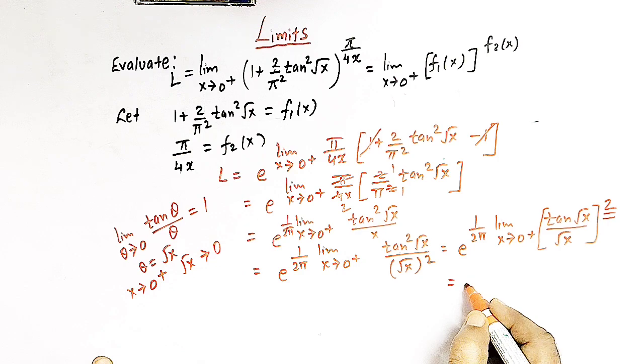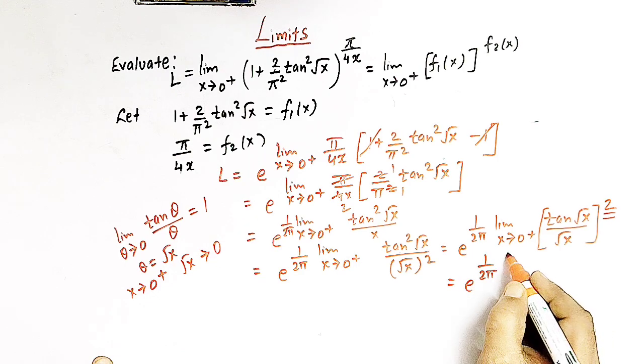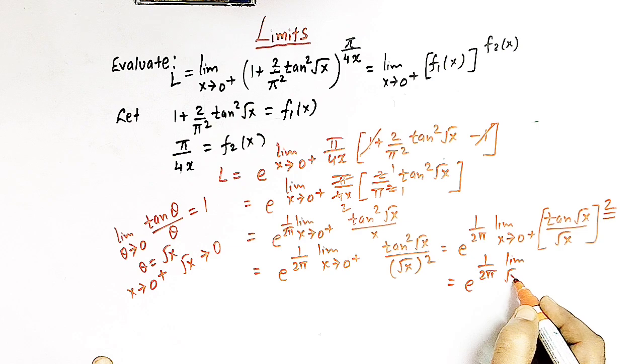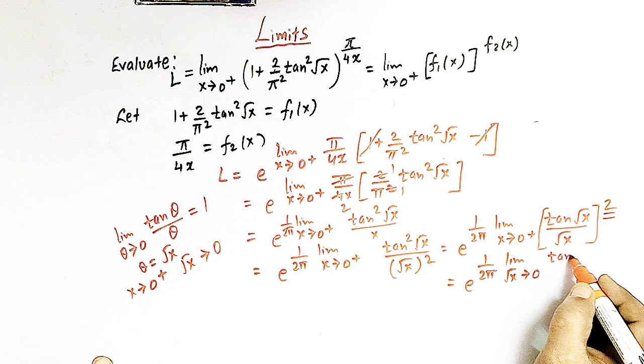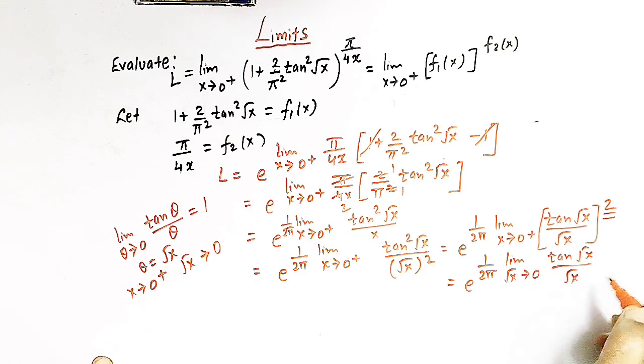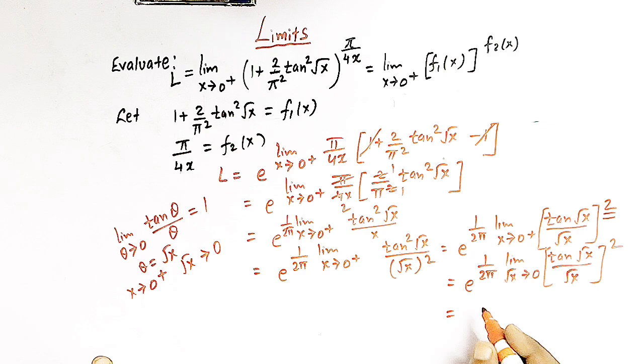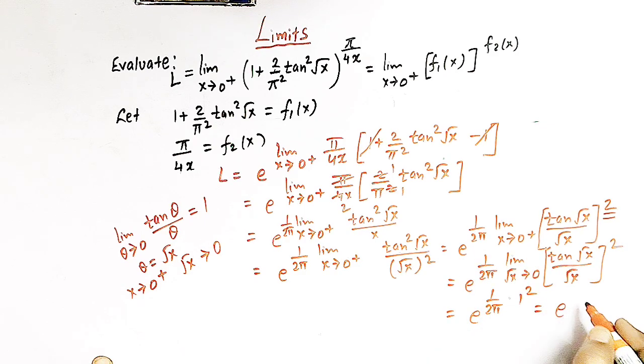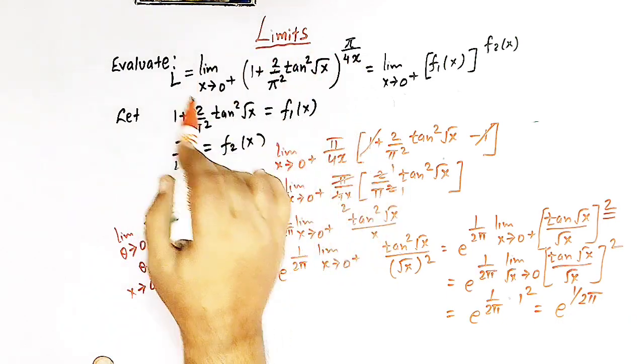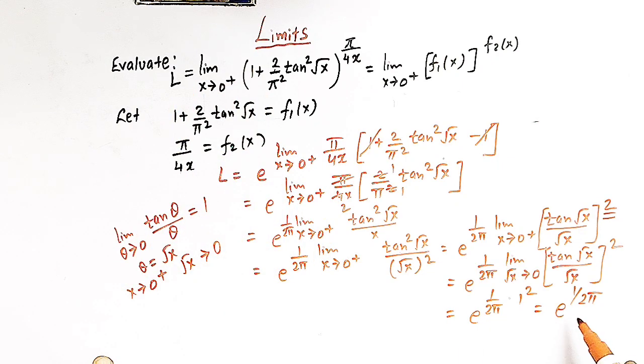So now we can rewrite this limit as 1 over 2 pi, and limit root x tends to 0, tan root x over root x, and this is the whole square. And now this limit is equal to 1, so we have 1 squared, so this is equal to 1 over 2 pi.